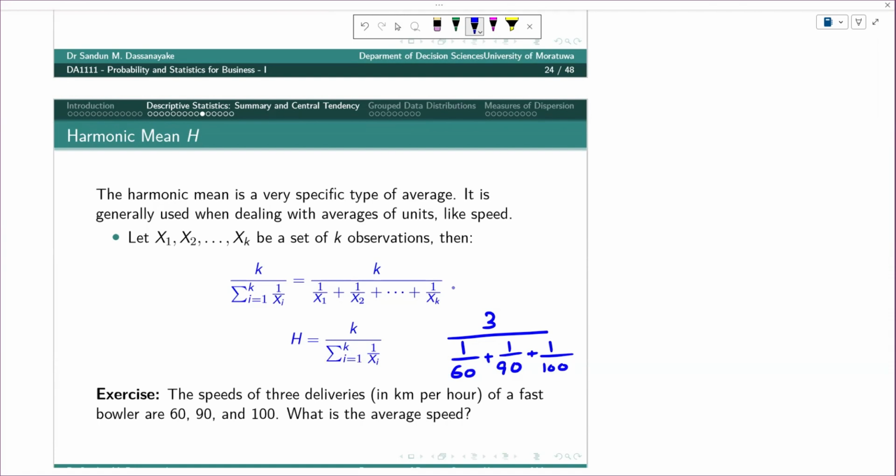Just take your calculator and simply do 3 divided by 1 over 60 plus 1 over 90 plus 1 over 100, and that's 79.411 kilometers per hour. Make sure that you put the unit.